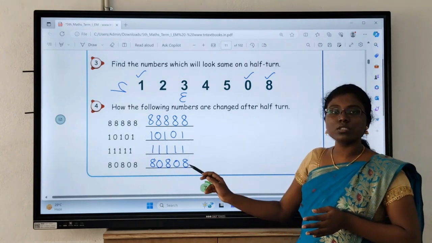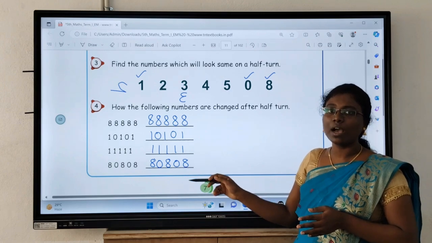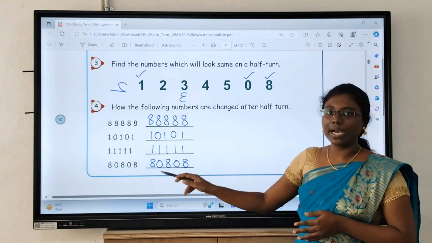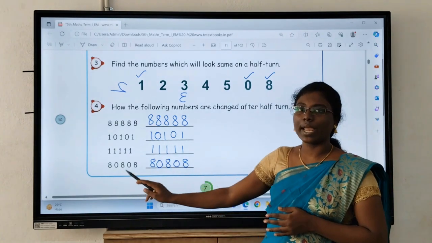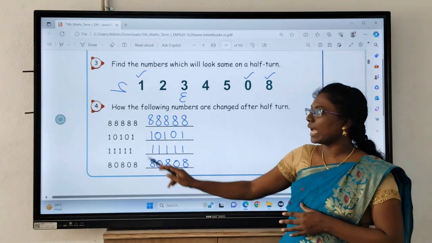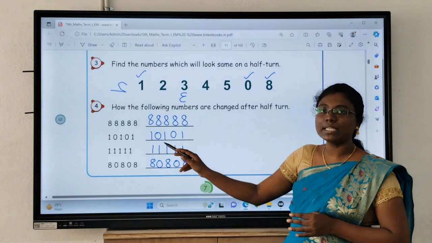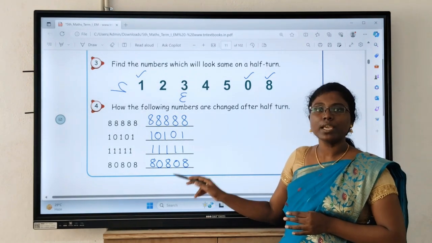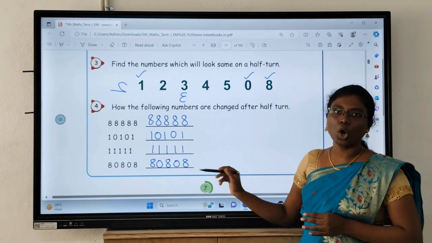It will also remain the same if you turn the object by a half turn. So the answer is 1 1 1 1 1. Next, 8 0 8 0 8. Already we have seen 8 and 0. So they will remain the same number. So the answer will be similar, 8 0 8 0 8.